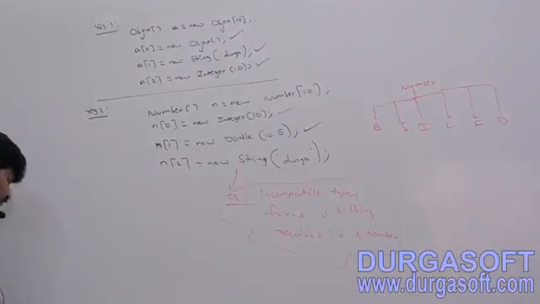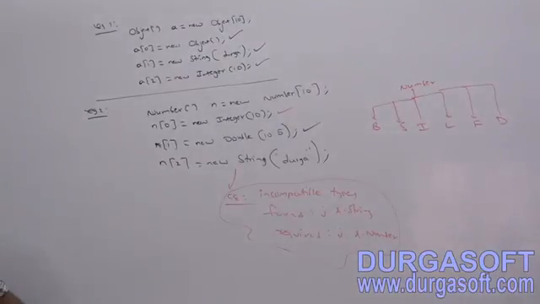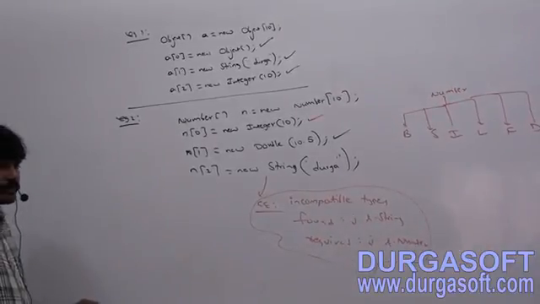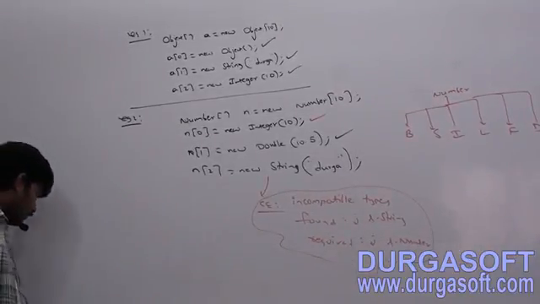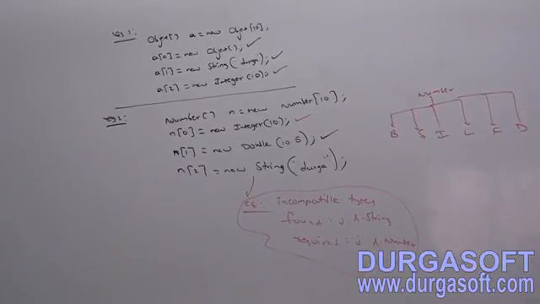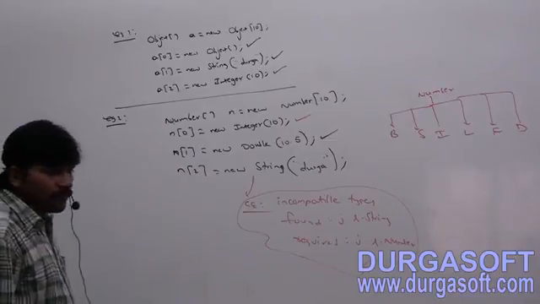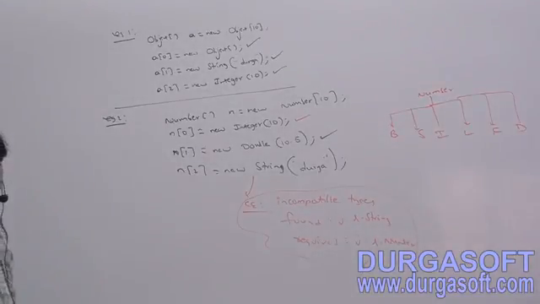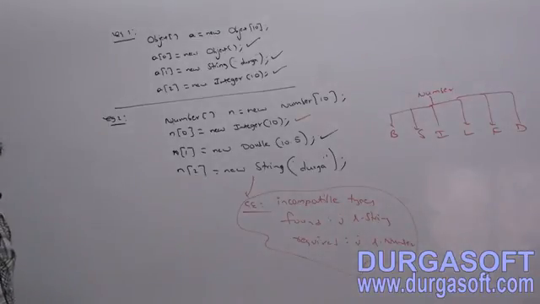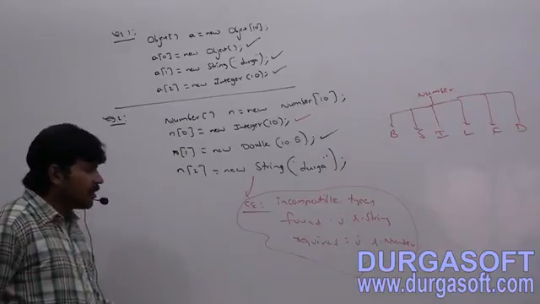Now clear for you people, right? Incompatible types: found java.lang.String, required java.lang.Number.